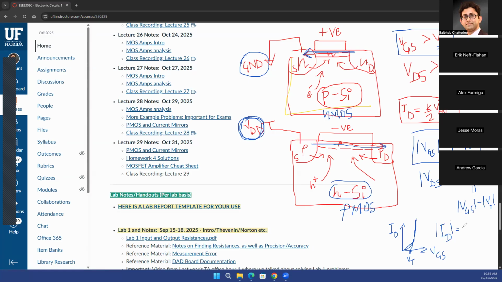Otherwise, it's always a positive number. And you know K is going to be mu times COX times W over L, and all of those are positive numbers. So that's the reason why we are not taking the absolute value here. But you can take it. It doesn't hurt. So that's the only thing that you need to remember when you are analyzing PMOS. And that's why we spend so much time analyzing NMOS, because analyzing PMOS is this easy. So whatever you do with NMOS, do the same thing, just take the absolute value.